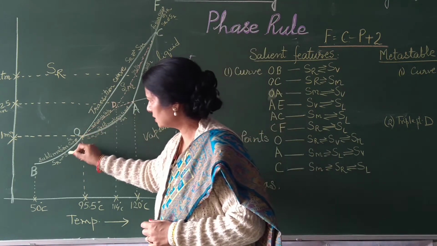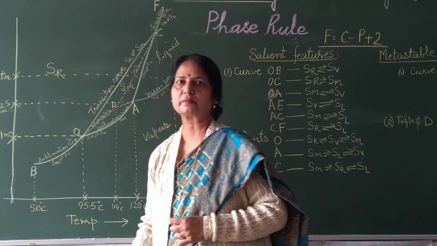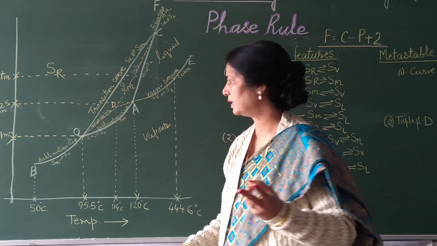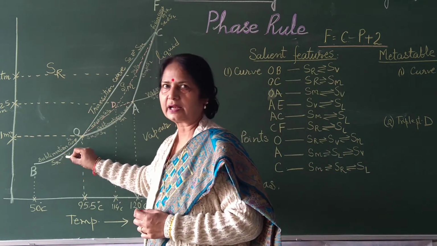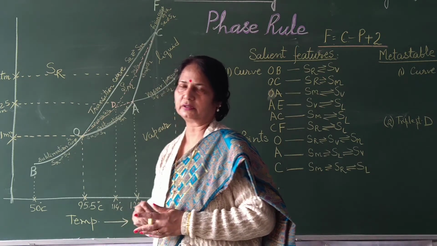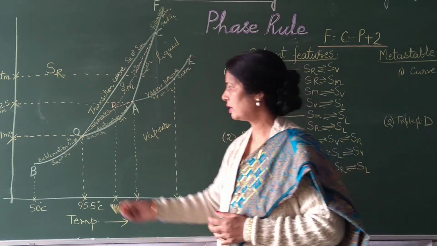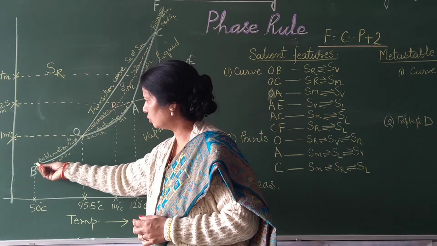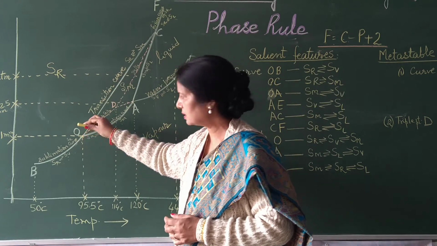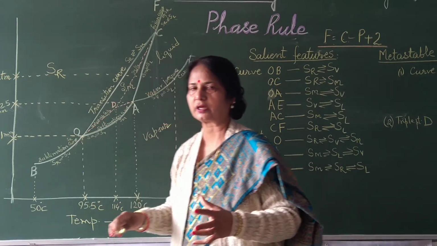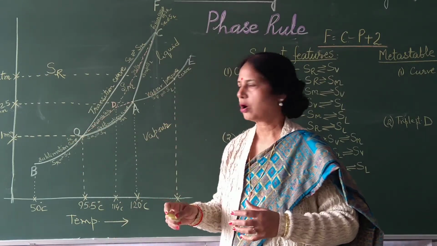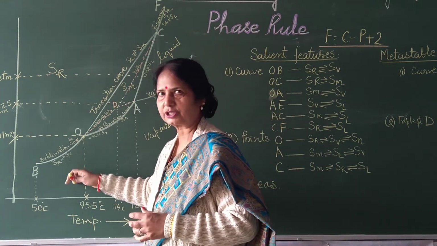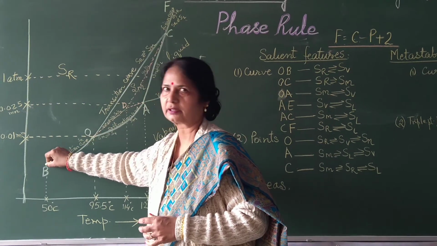This curve OB gives the sublimation curve of rhombic sulfur, and the two phases in equilibrium here are rhombic sulfur and the vapor phase of sulfur, Sr and Sv. These two phases are in equilibrium along this curve, and this curve shows the effect of temperature on the vapor pressure.